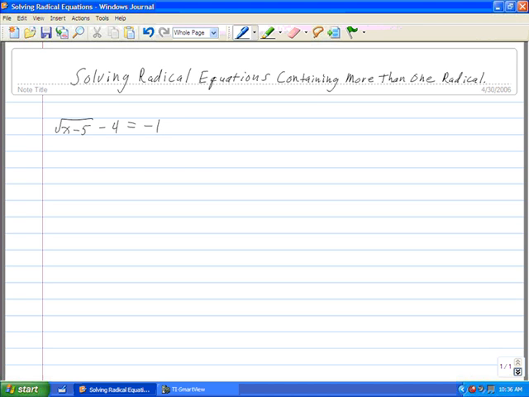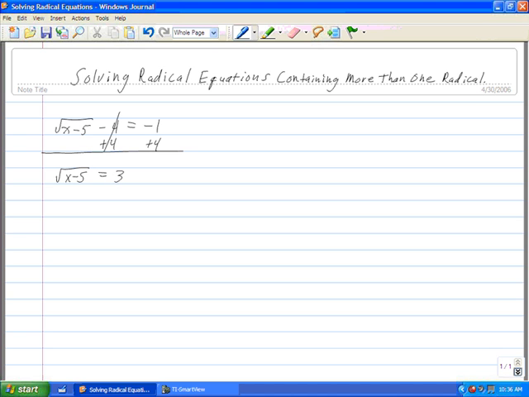Now, to get rid of this radical, the first thing we have to do is isolate it. So whatever radical you seek to get rid of has to be isolated first. So I will do that by adding 4 to both sides. These 4's cancel, and you get the square root of x minus 5 equaling 3.